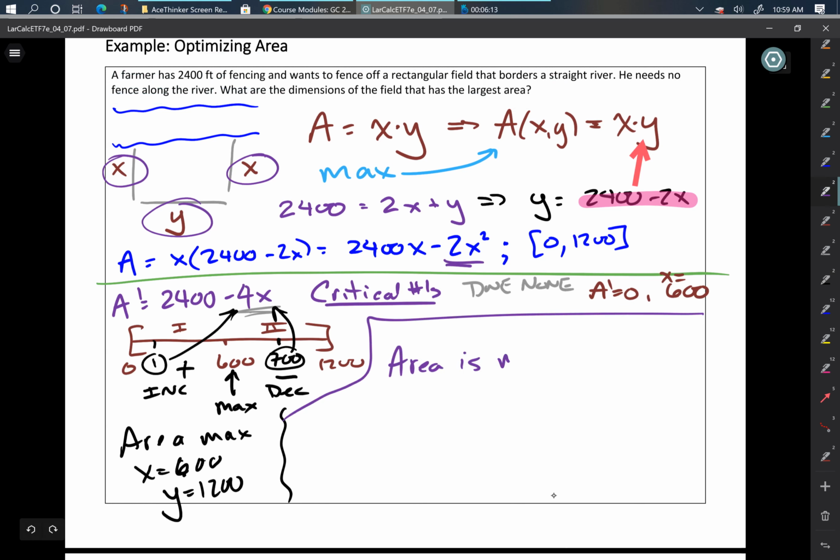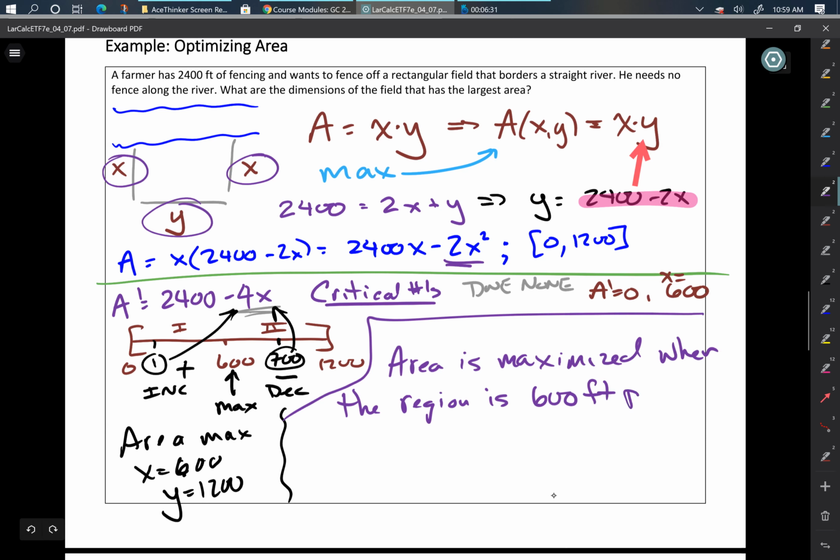And I will say that the area is maximized when the region is 600 feet. Let's see.